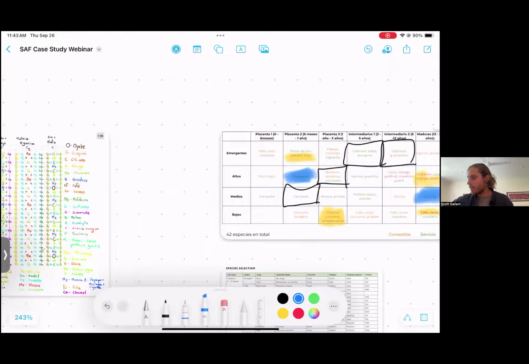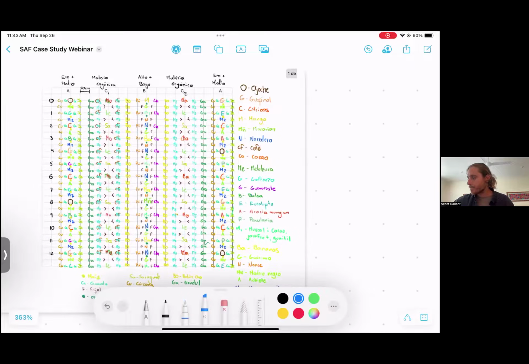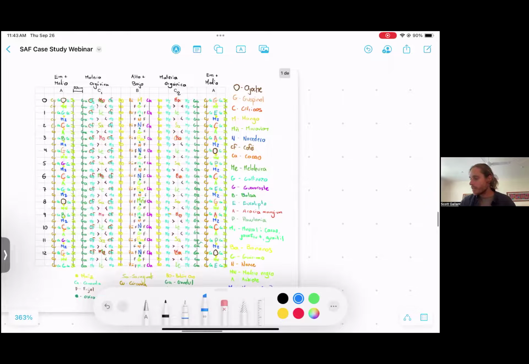Now, if we come back over here, I talked about how we arrange the plants in specific ways. What we're doing here is organizing them by strata. We can see in this row we have our emergent and our medium plants together.